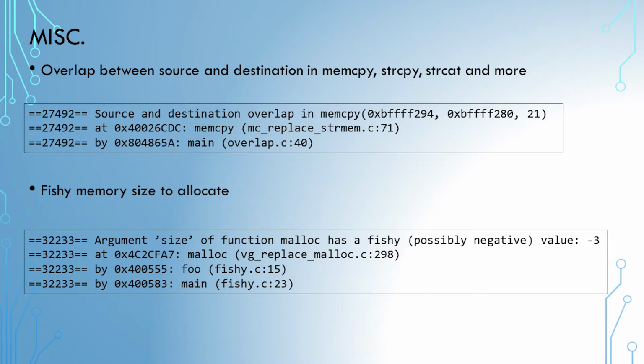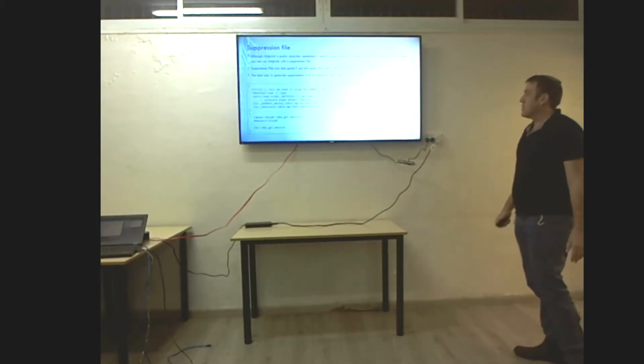So undefined behavior: memcpy, strcpy, strcat, and so on. I also saw an application like two weeks ago that tried to allocate a million, I don't know, a trillion bytes of memory, and I got a Valgrind warning. It flags fishy values, so negative or very, very big values will also get something.